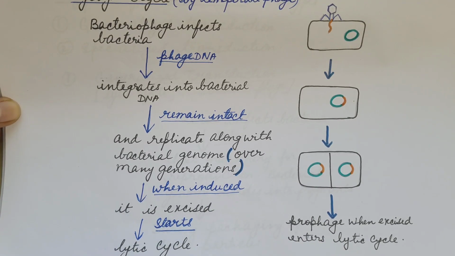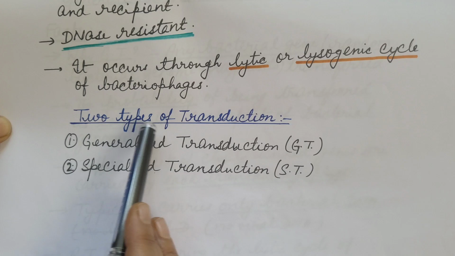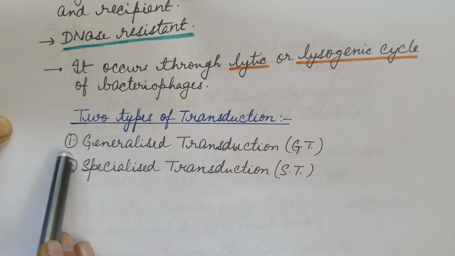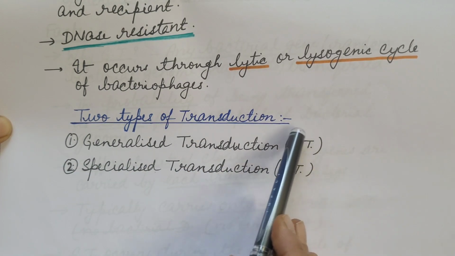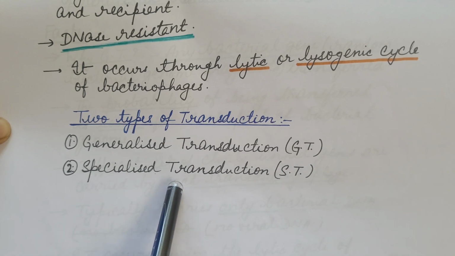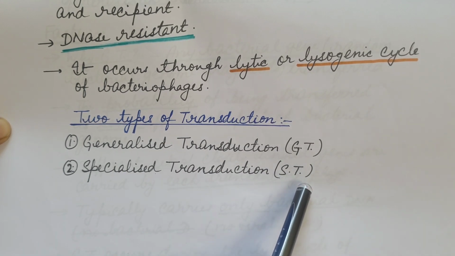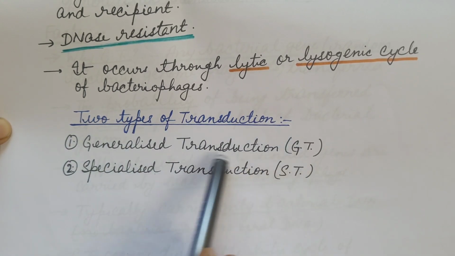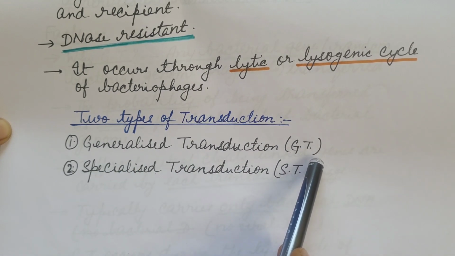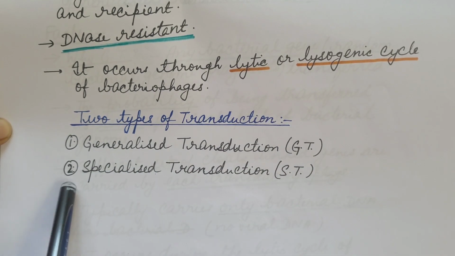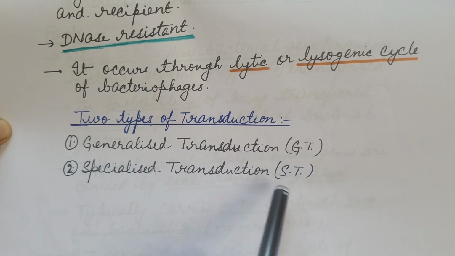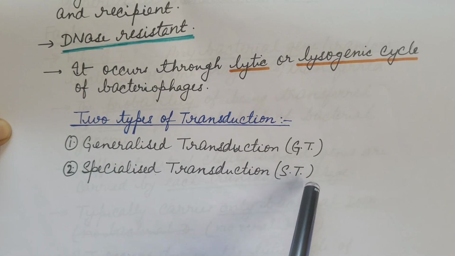This is known as the lysogenic cycle. So there are two types of transduction: generalized transduction, in short GT, and specialized transduction, in short ST. In this video, we will discuss generalized transduction in detail. In the next part of the transduction video, we will discuss specialized transduction.